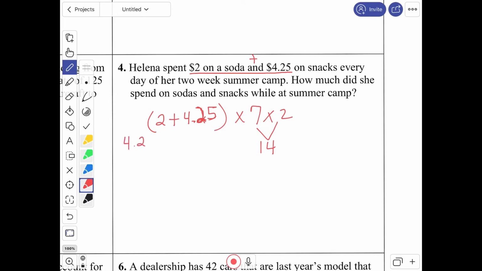And that we know is going to be 14. And 2 plus 4.25. Remember to line up the decimals. So 2 goes under the 4. So that's $6.25 every day times the 14.